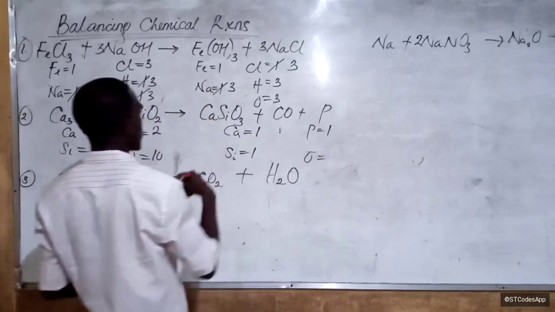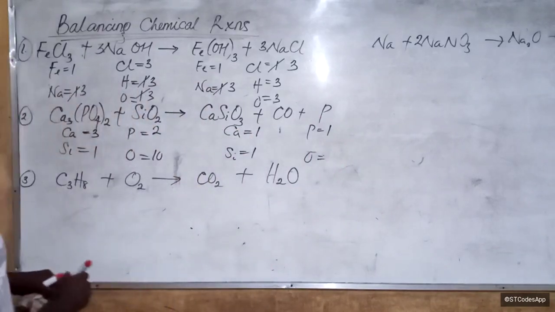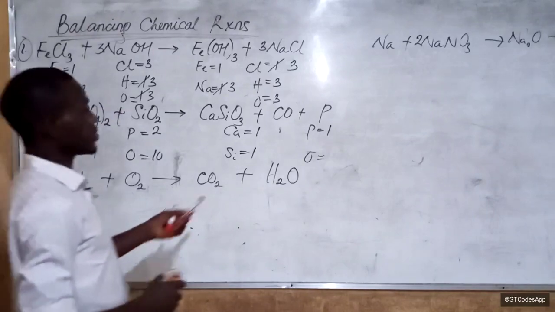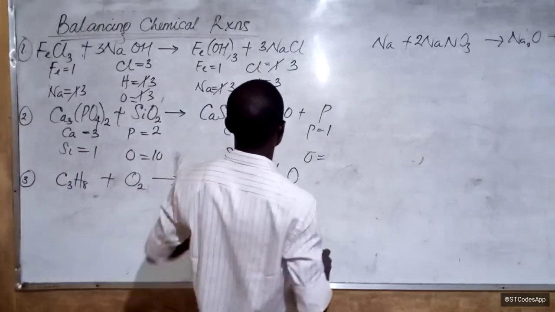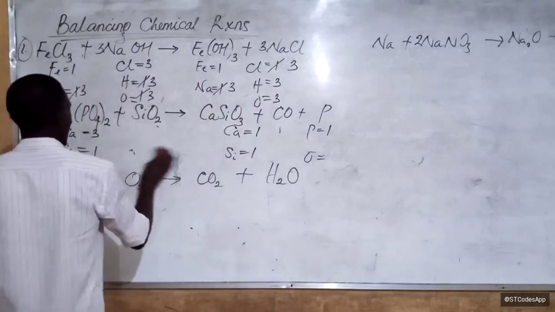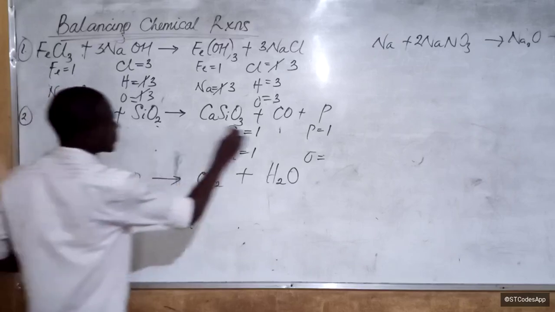Okay, I think we missed out something here. So the equation is not complete. This guy is not supposed to be here. So what I'm going to do is, I'll basically alter this. Let's change the question.